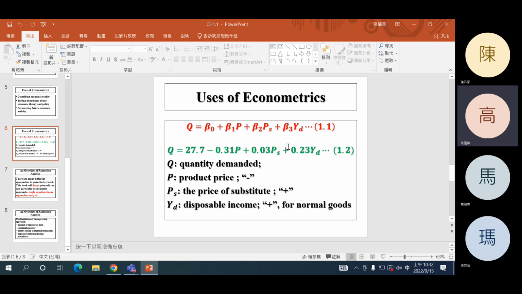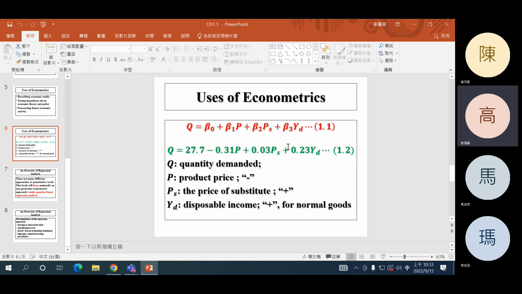These three factors are important. So the specification, like 1.1, is that we should have P, PS, and YD for the Q. This is the specification of the model.